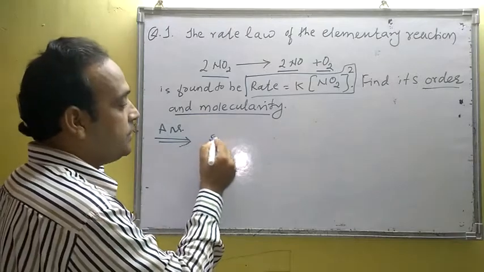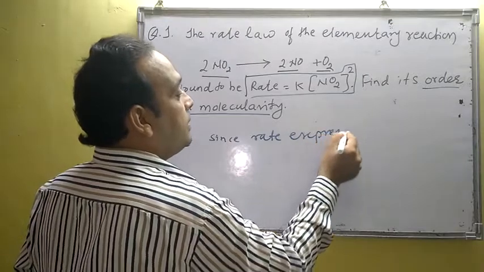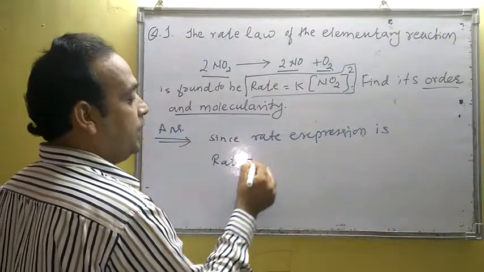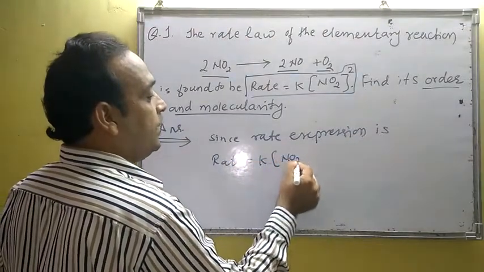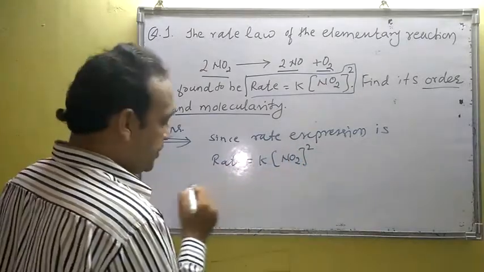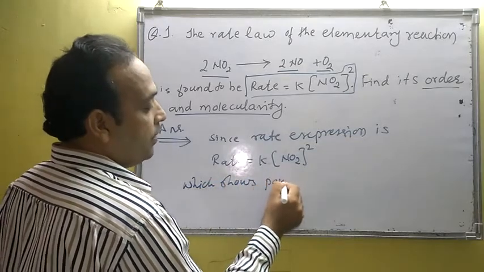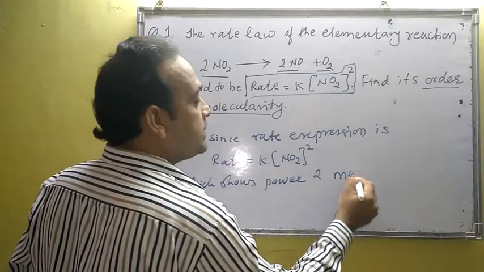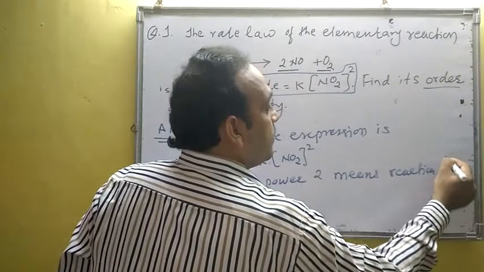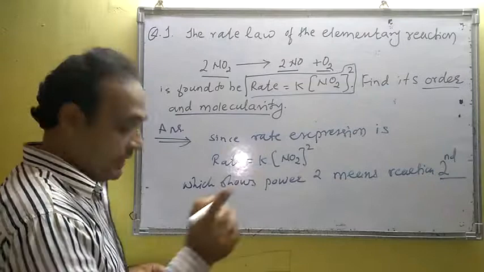Now since the rate expression is rate equal to K into concentration of NO2 raised to the power 2, power 2 means the reaction is second order.